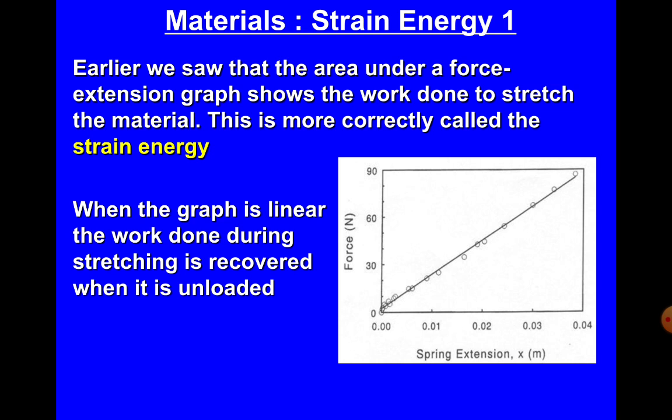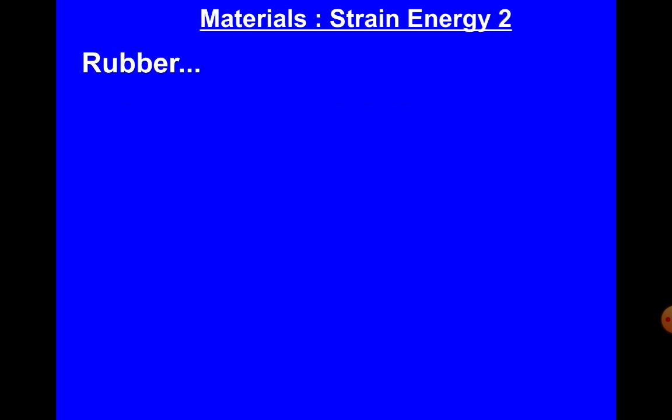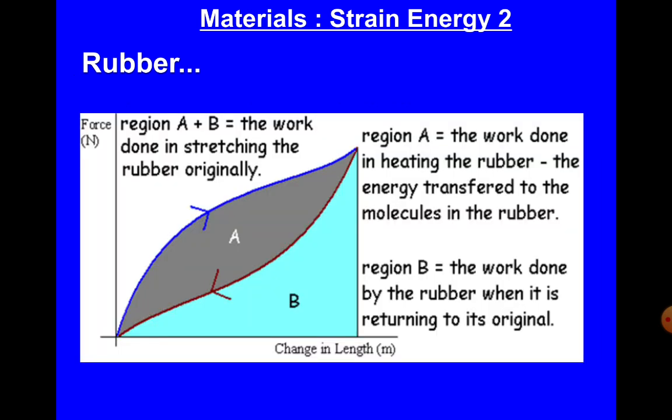in our example of rubber, what do we see? We see regions A and B. If we follow the graph, the blue line is the energy we put into the system. So the area under A is the energy we put in. Now, in rubber, the curve is going to follow a completely different curve.